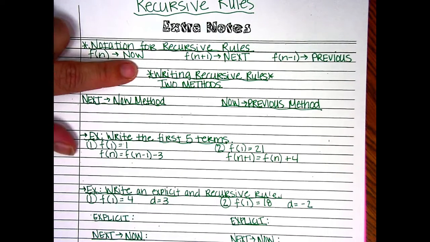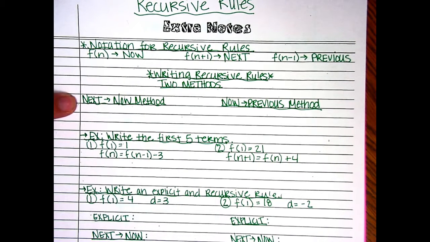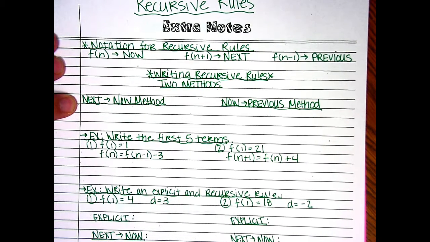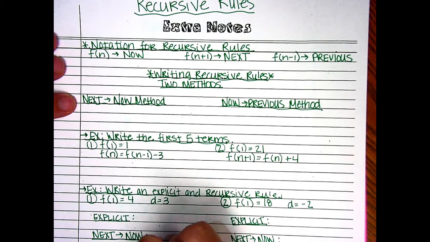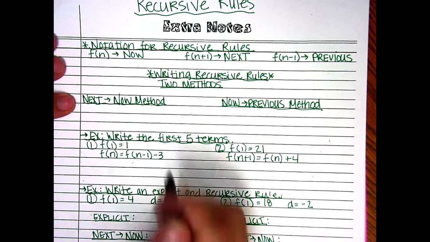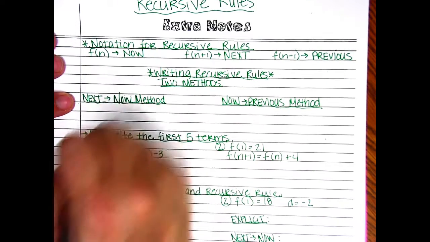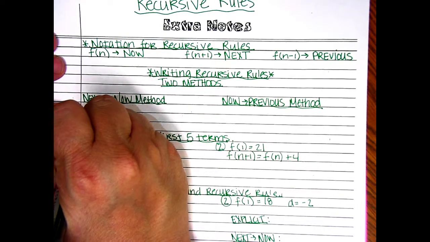When we write recursive rules, there are 2 methods. The first method we refer to as next now. It's not an official name for it, but Mrs. Davis and Ms. Pixley feel like it describes it very well. So that's what we use. When you write a recursive rule, the first thing you have to do every time is list f of 1.